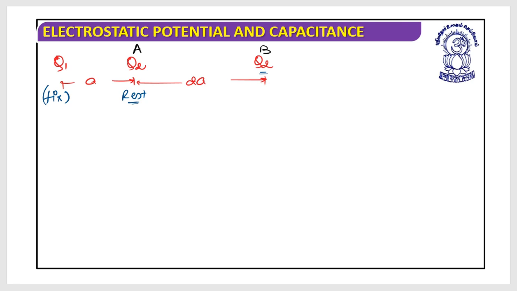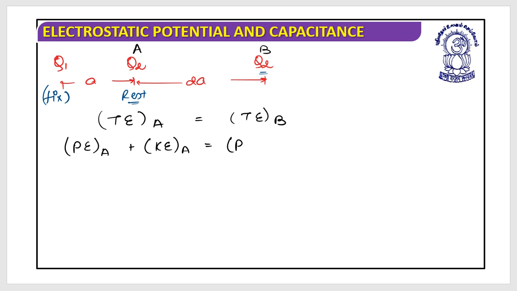So what I can write is that total energy at location A is equal to total energy at B. While I say total energy, basically we are interested in two energies: one is the potential, another is the kinetic. So potential energy at A plus kinetic energy at A is equal to potential energy at B plus kinetic energy at B. This is my requirement.